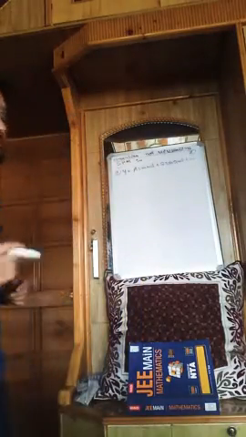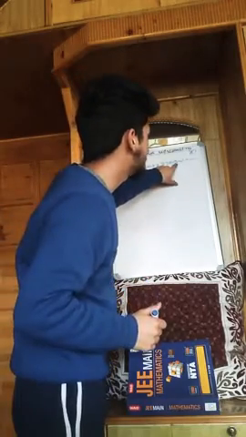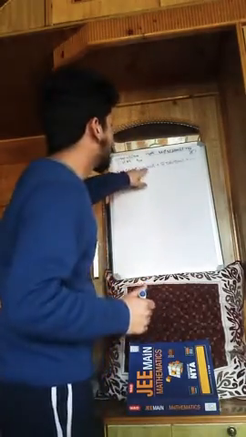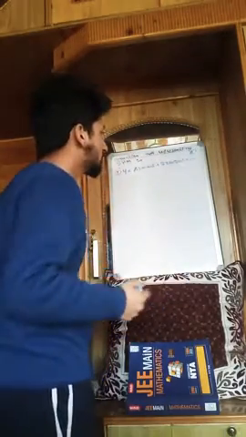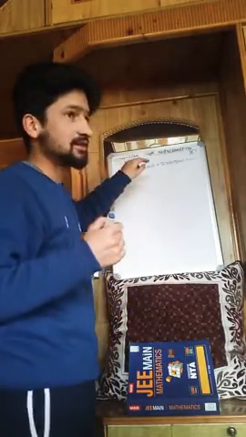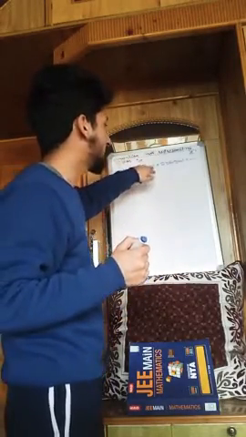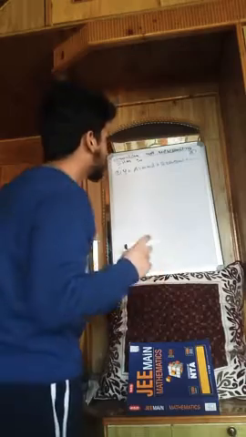Why does it not represent simple harmonic motion? Because you can see here the frequency is omega and here the frequency is 2 omega. As we move on, the frequency keeps on changing; it increases. So we cannot call this the equation of simple harmonic motion, because the frequency of the particle changes.